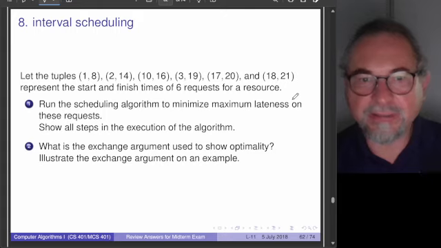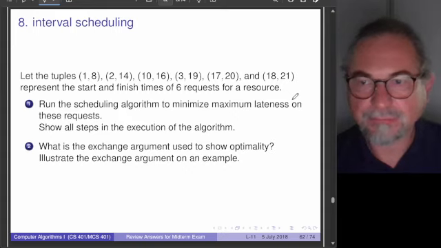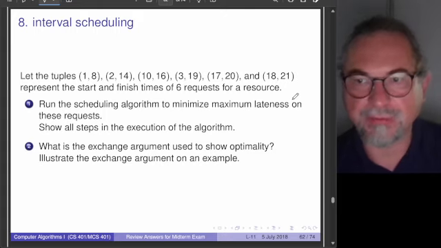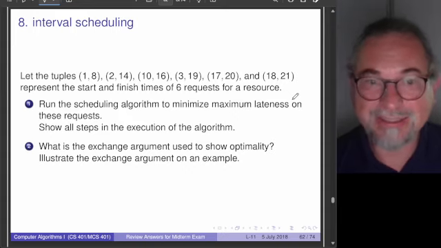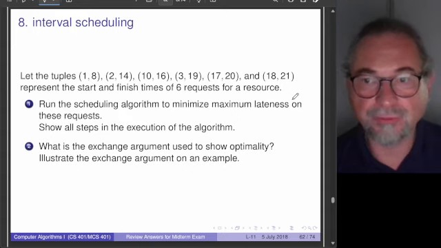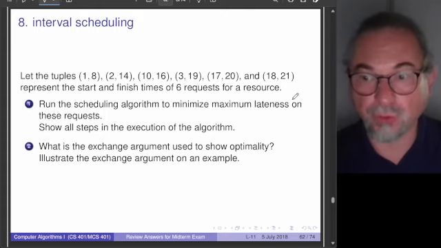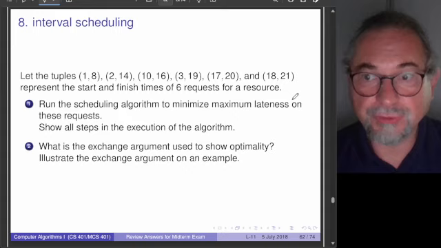So it is the keyword minimize maximum lateness that is actually the key to deciding which scheduling algorithm you should run here. The follow-up question actually also gives it away. It's a greedy algorithm. How do we justify that the local choices that we made give us a global optimum solution? And for that, you have to show how to apply an exchange argument.